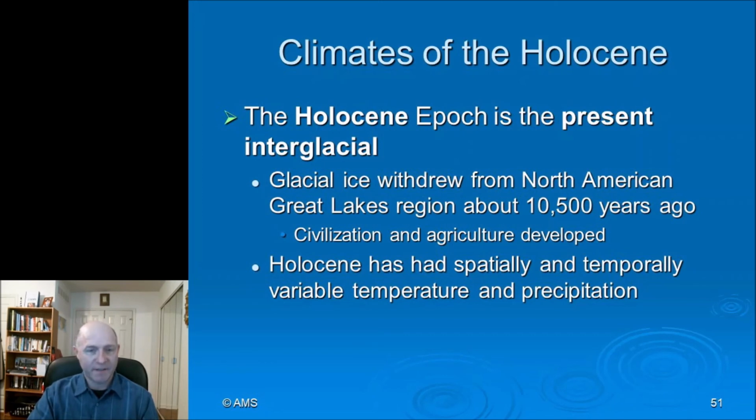So since then, in this period we call the Holocene, the present interglacial, effectively the last 10,000 years, there has been a fairly consistent spatial and temporal variable temperature and precipitation. But it's a climate that you can quote unquote count on. You're not going to have massive variations. We haven't had massive variations. Certainly there have been variations in the last 10,000 years, but they have not been massive.